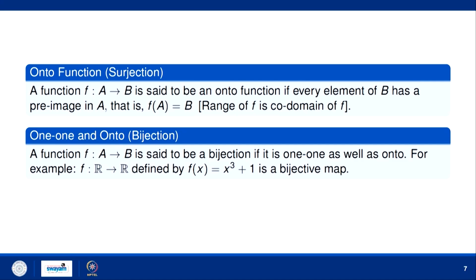Okay. So, now what is an onto function? So, I told you that onto function is basically when range of f is equal to codomain. So, let us try to understand this concept also. Say you have a function from A to B. Okay. So, if you take any point here in B and that element has a pre-image in A, then we say that the function is an onto function.